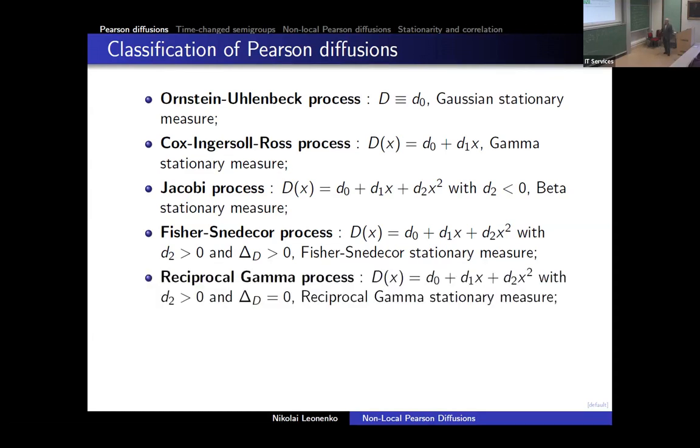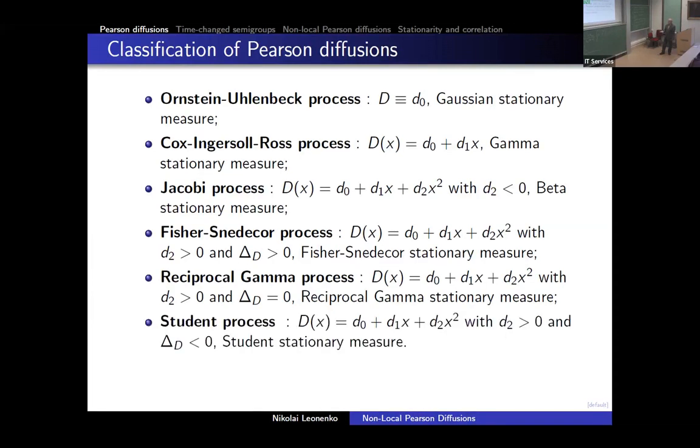Also reciprocal gamma, when we have the full quadratic term, and again d2 is positive, but the discriminant is 0. The ergodic distribution is reciprocal gamma, so it's the 1/gamma distribution. And the most difficult is the so-called Student process, in which we have full quadratic diffusion, d2 is positive, and the discriminant is negative, and the stationary Student measure appears.